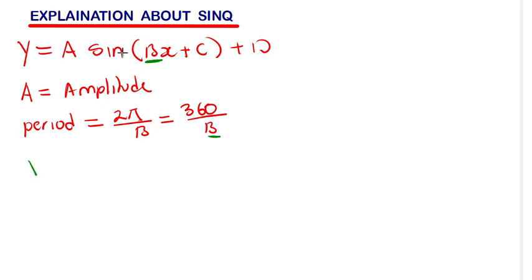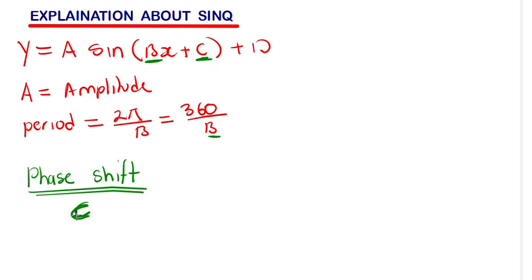Then the other part, before I go to the vertical shift, I'll start with what we call the phase shift. So the phase shift in this situation, you have seen this C. But when it comes to the equation, we calculate the phase shift in this way. We say bx plus c is equal to 0.